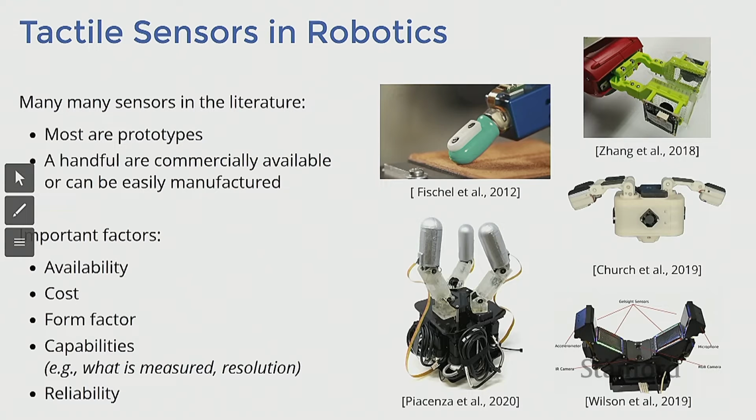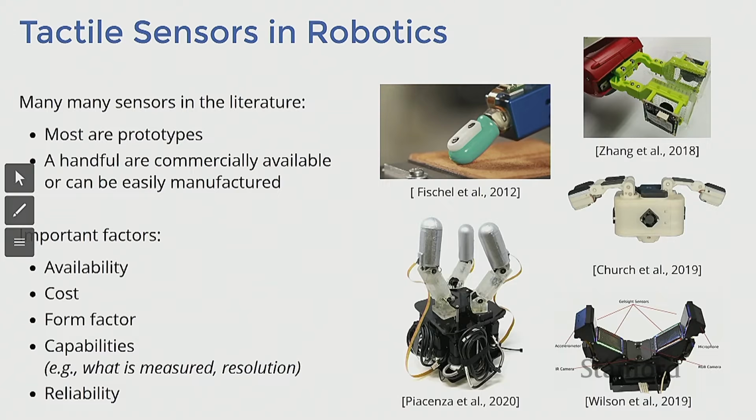Now, the important factors typically in deciding tactile sensing hardware, or the way that you can classify hardware, are a few. The first one is, of course, availability. You want to have sensors which are widely available, that you can buy off the shelf without having to wait a long time. The second one is cost. The cost of tactile sensors can be very diverse, but in many cases, it's very expensive.